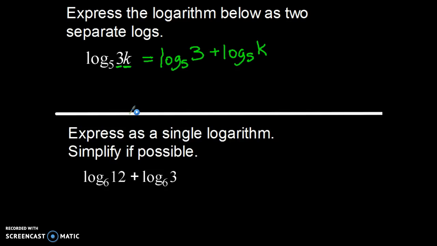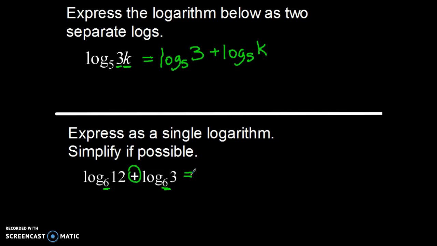Now, the direction that we're more likely to go, usually, is to take things that are written as multiple logs and condense them into a single logarithm, because this usually lets us do more simplifying than if we have them expanded. So here I have log base 6 of 12 plus log base 6 of 3. I have to check first that my bases match. They do, and I'm adding two logs together, which tells me that this is the setup I need for my product property.